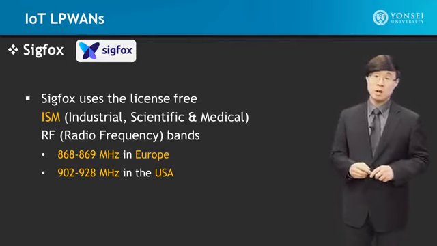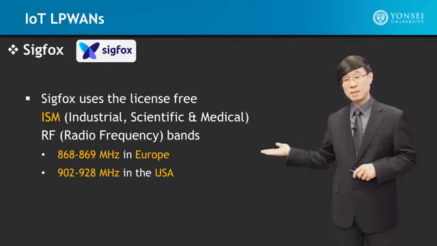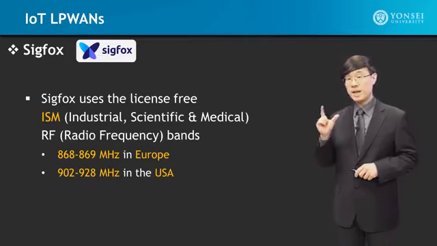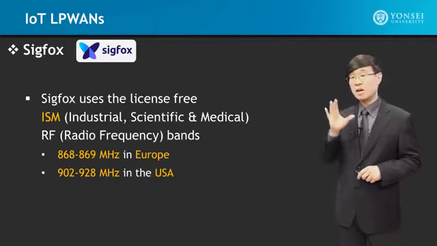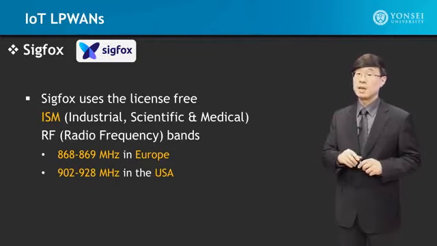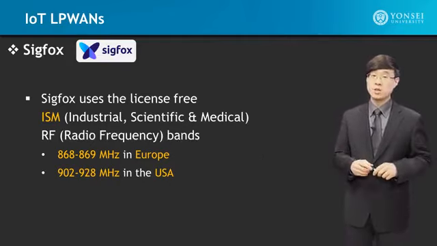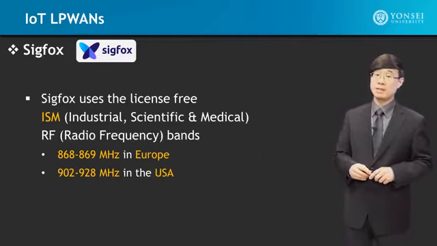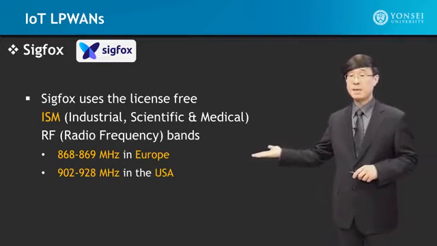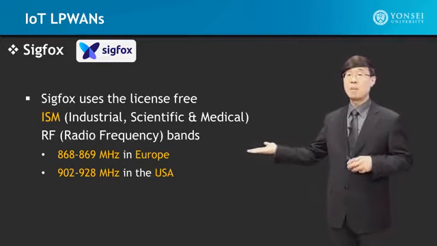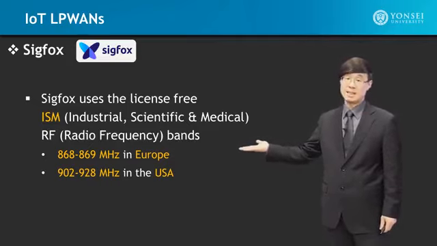Number two, they are at sufficiently high frequencies such that their antenna sizes can be small, meaning that the Sigfox devices do not have to be large. In addition, at these ranges, there are other signal propagation characteristics that make them very attractive. In addition, other devices that can connect to them can be easily designed because there are abundant modem chips, RF circuits and antennas that exist at this range.